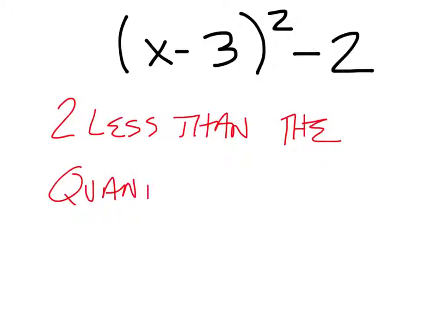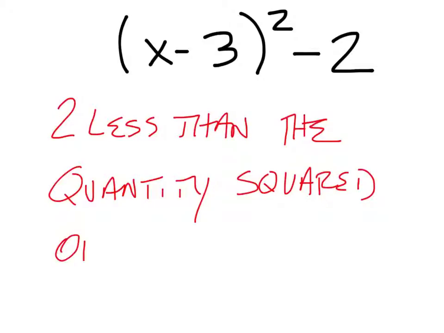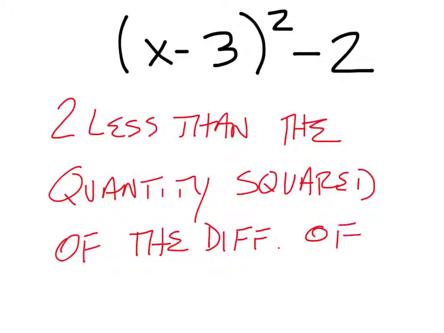It's a lot to write out. 2 less than the quantity squared of the difference of a number and 3. So if it's x minus 3, you have to say of a number and 3, because if you put of 3 and a number, then it's 3 minus x.